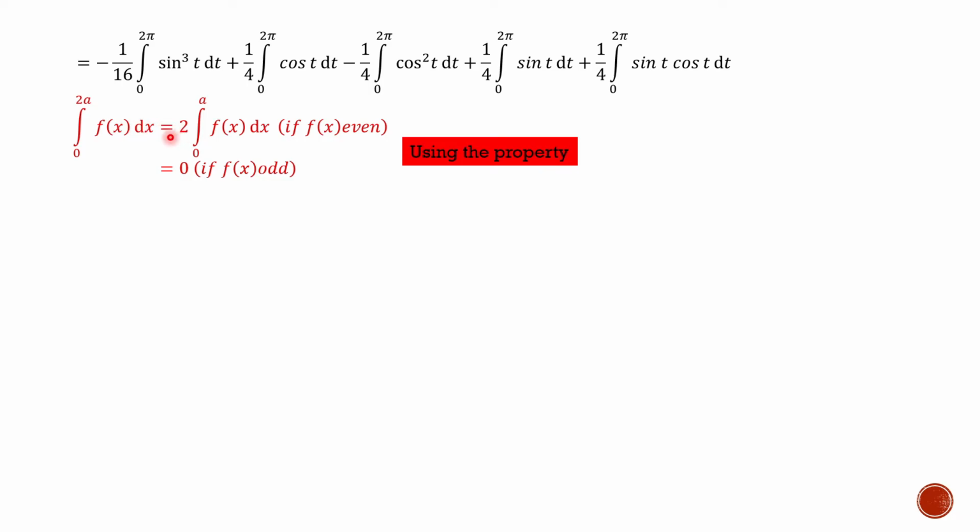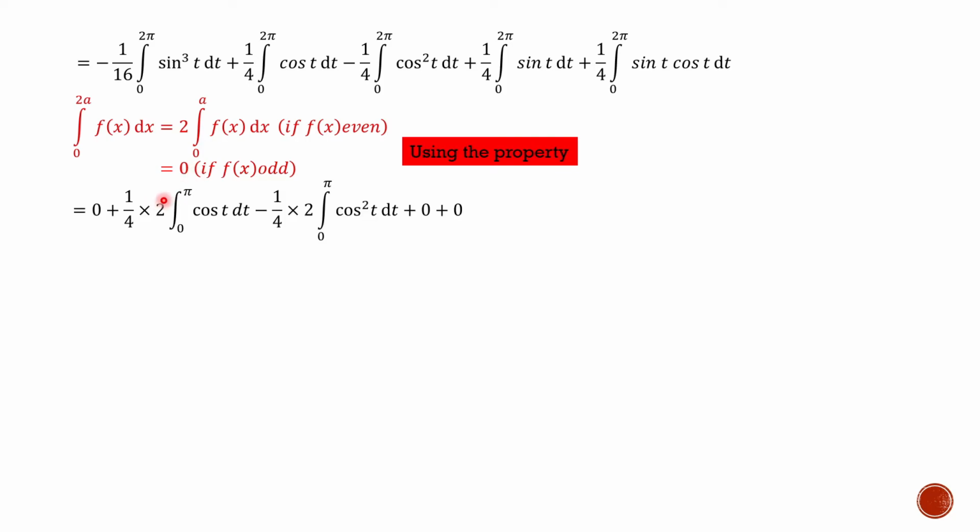We take 2 into the front, so we integrate from 0 to a of f(x) dx, if f(x) is an even function. Then the integral from 0 to 2a of f(x) dx equals 0 if the function is odd.